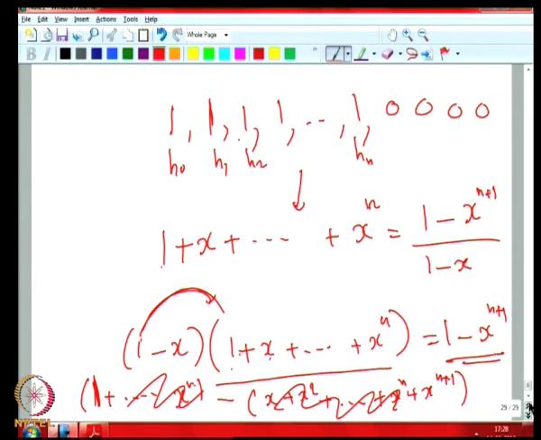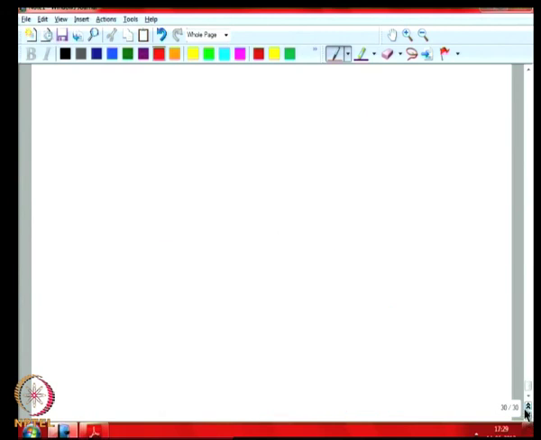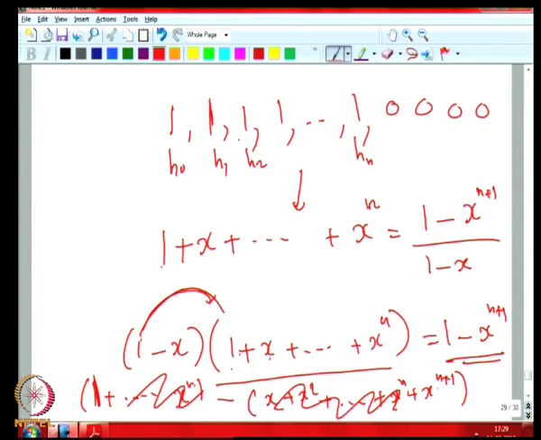So that is why this sequence has generating function 1 minus x raised to n plus 1 by 1 minus x. Now you can see that the same technique will tell us, for instance, if this was an infinite sequence, not ending at x raised to n, so it is 1 plus x plus x square plus x cube plus, the same argument would tell us that in the end x raised to n plus 1 tends to 0.